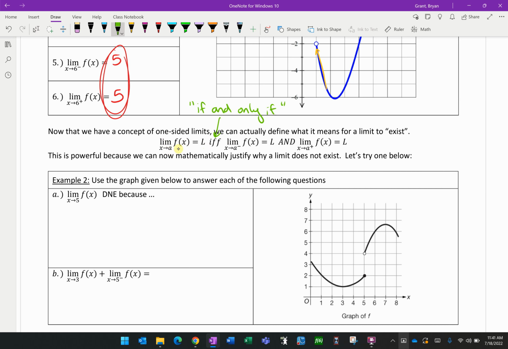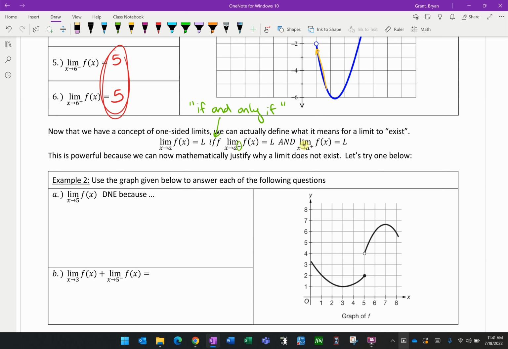The limit as x approaches a of f of x equals a value, if and only if the limit as x approaches a from the left side of f of x equals that value, and the limit as x approaches a from the right side of f of x equals the same value.